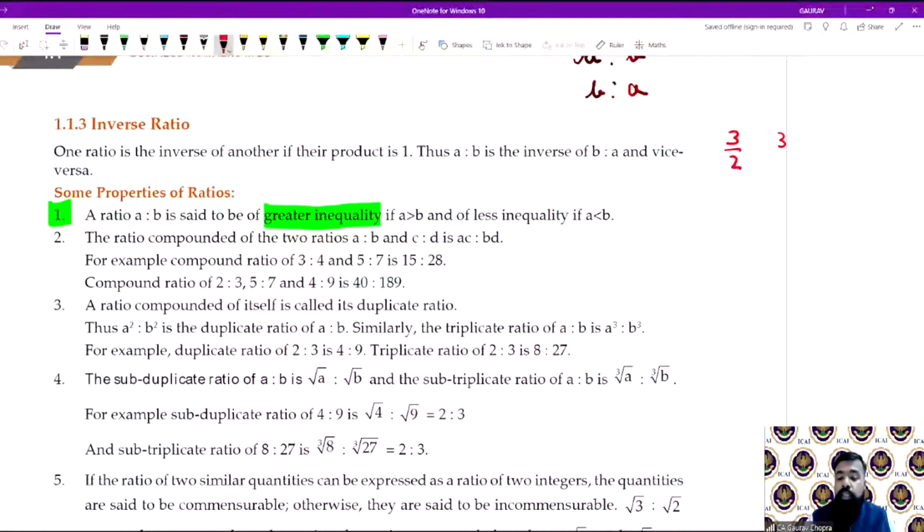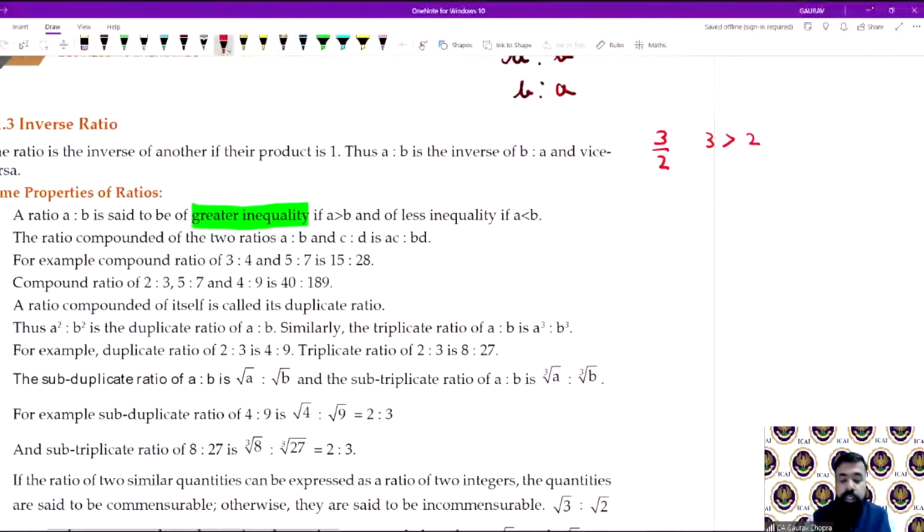Now, we know that 3 is greater than 2, the numerator is greater than the denominator. Then it is known as greater inequality. Whereas if the ratio is 2:3, that means 2 is less than 3, then it is known as lesser inequality.